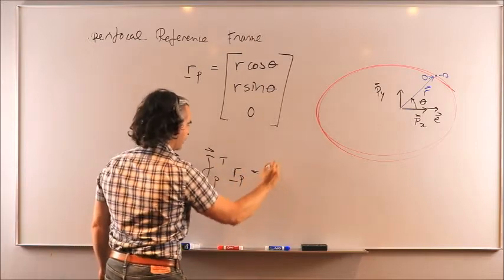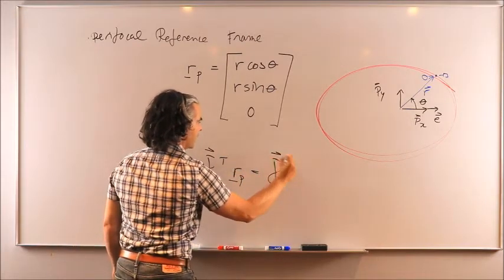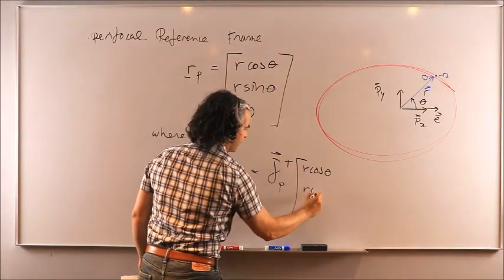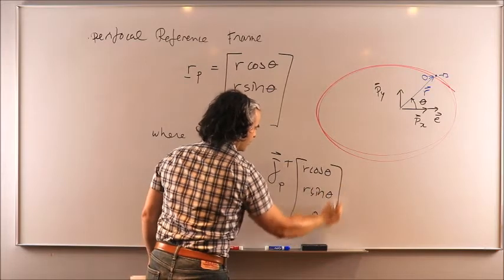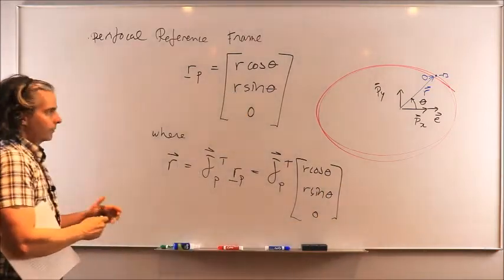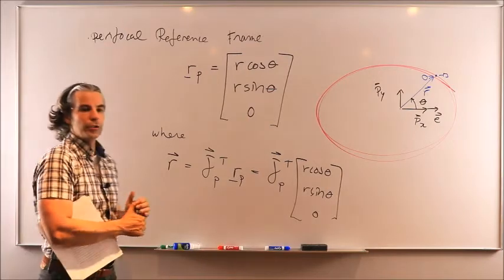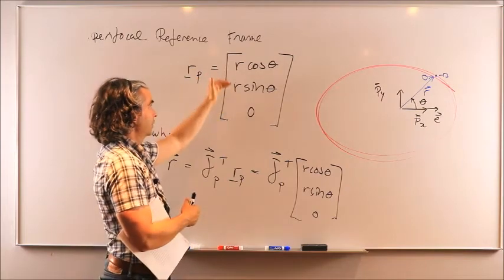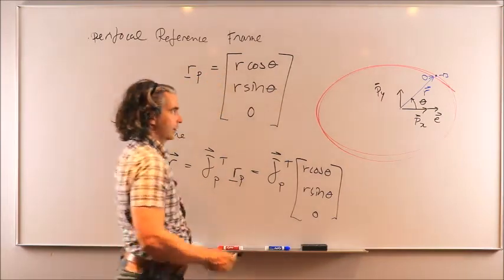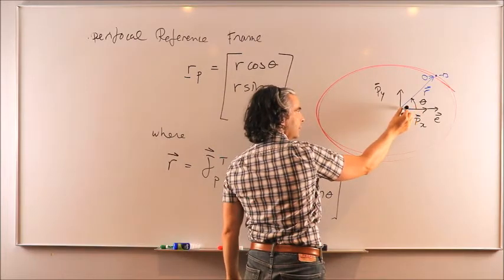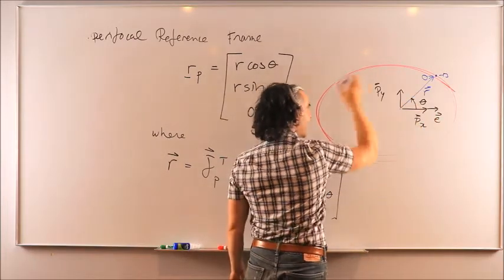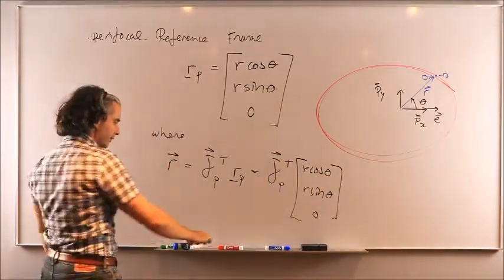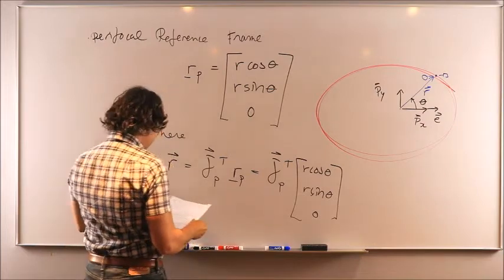Well, it turns out in the perifocal reference frame, the x, y, z components are r cos theta, r sine theta, and 0, like that. And that's why it is useful to use the perifocal reference frame, because in that reference frame, all we have to deal with are 2 components. Because again, the spacecraft will never have a component out of the board. The spacecraft has to always evolve along the orbit, which lies in the orbital plane. Nice. This is for RP.